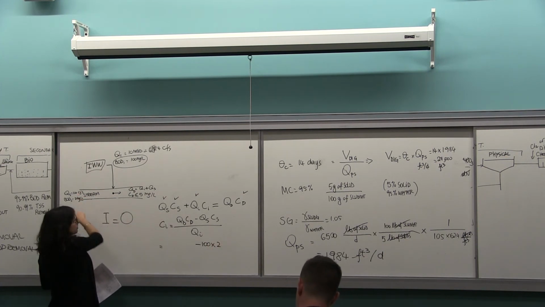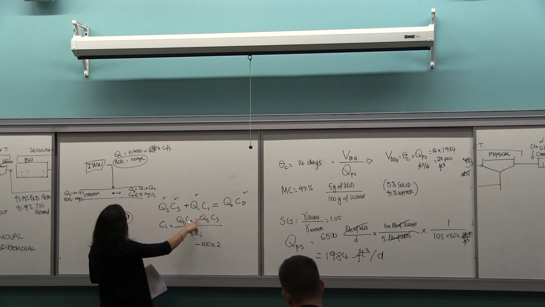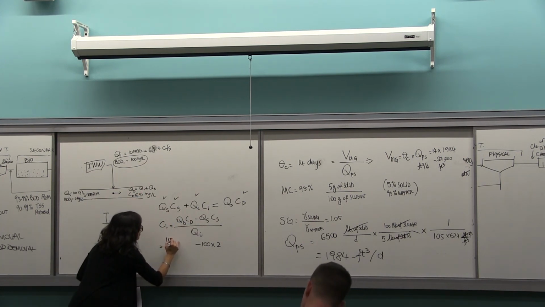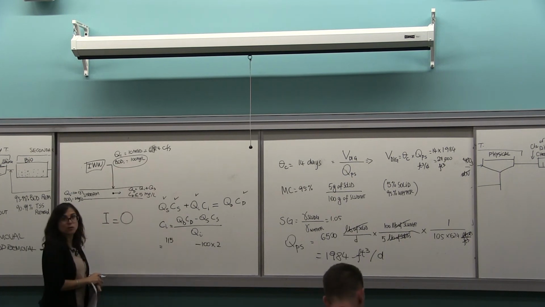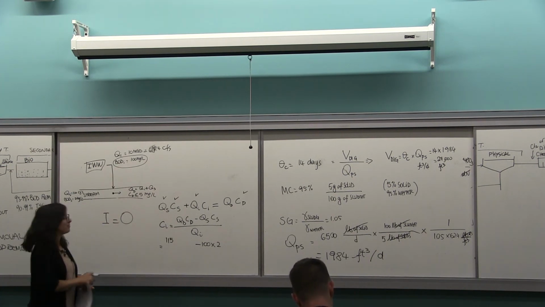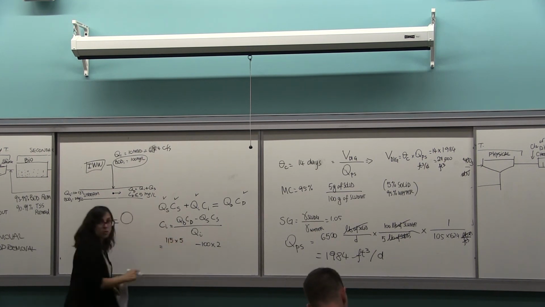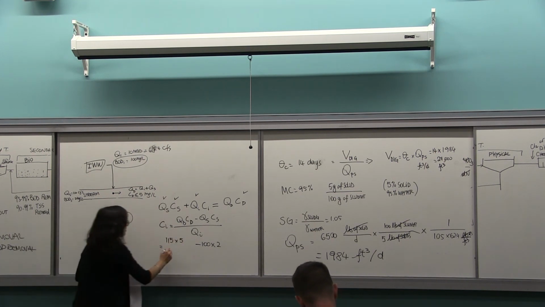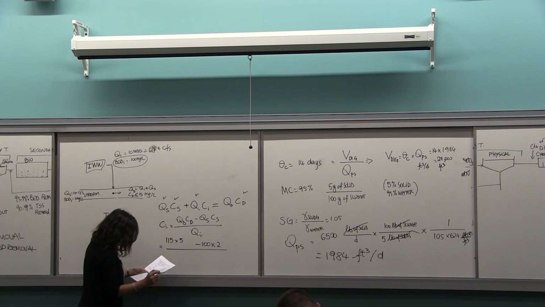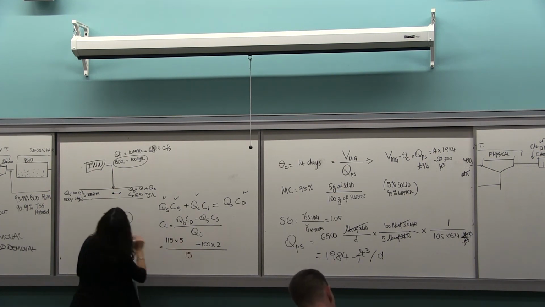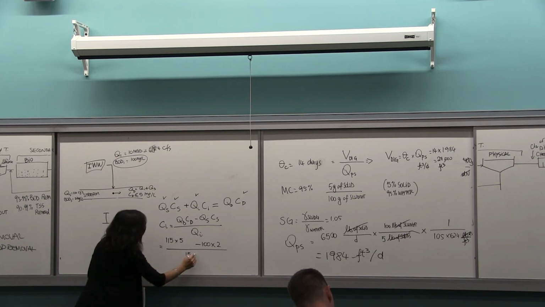This is 100 by 2, and this was 115, the sum of those two flow rates. QD times CD is 5, what we wanted to achieve. And divide by 15.4.